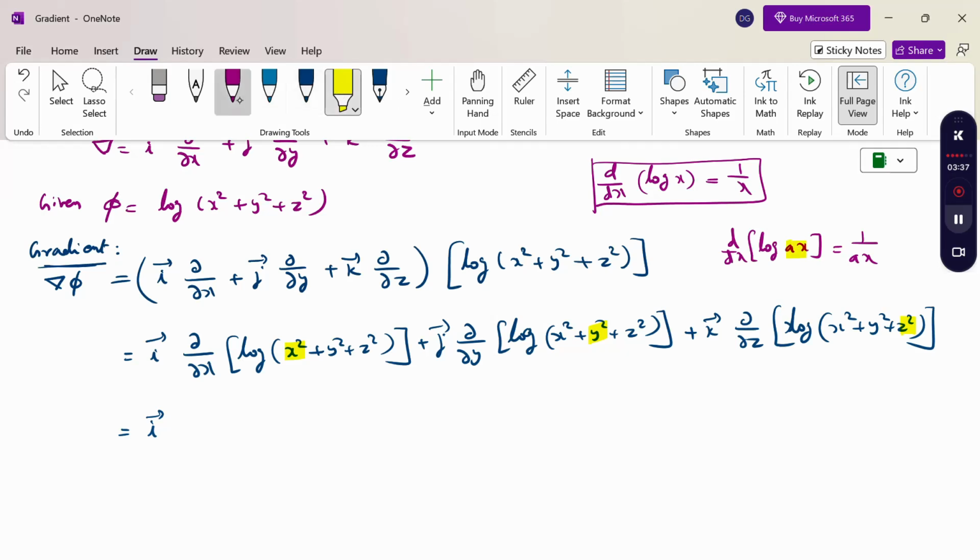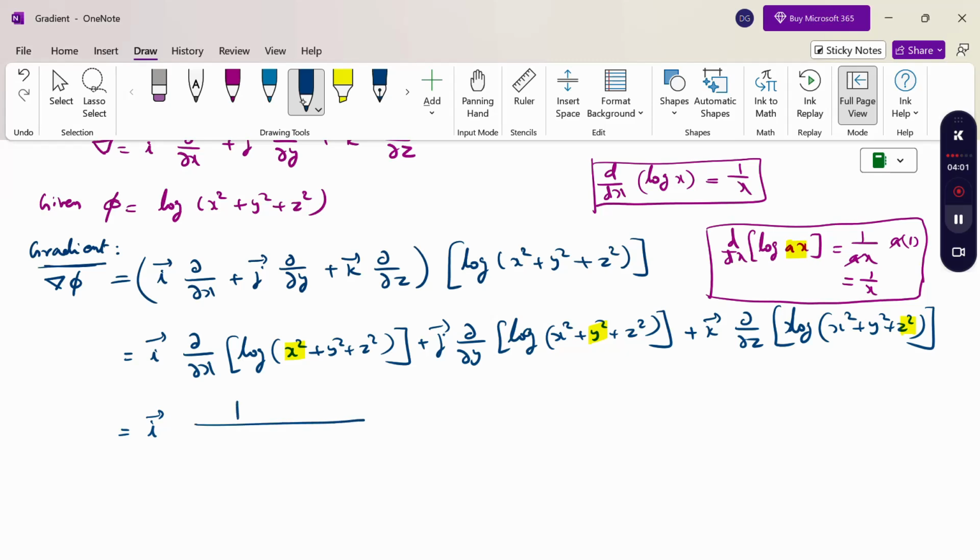The differentiation of a constant times x gives the constant, so the a cancels, leaving 1 by x. So this is the differentiation of log. Here the overall derivative of the full log of (x square plus y square plus z square) is nothing but 1 by (x square plus y square plus z square).